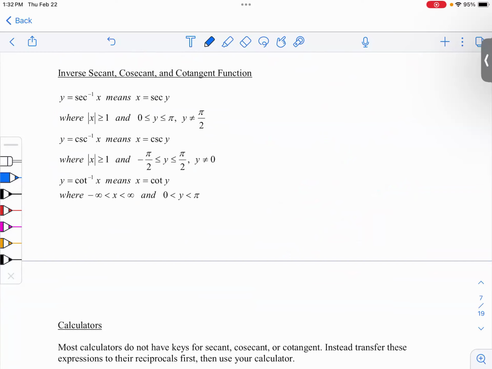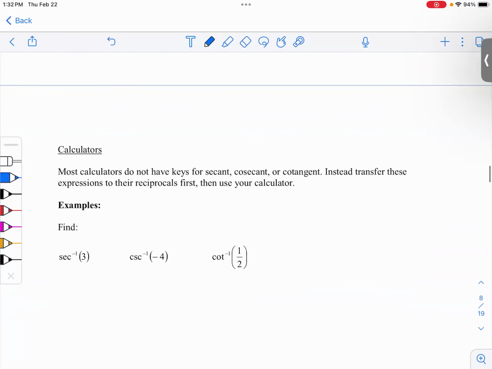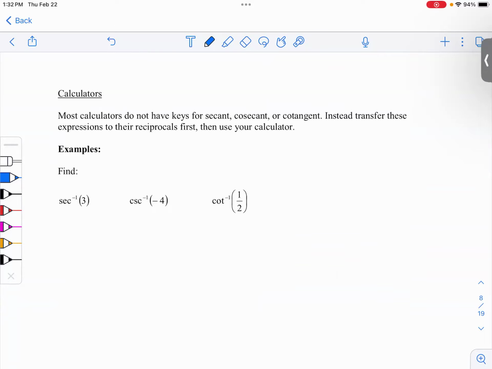Okay, and along those lines, we have a bunch of restrictions on all the following inverses of all the reciprocal functions, which is always a mess. Now, the big thing here is that most calculators don't even have a key for those. I see sine inverse, cosine inverse, tan inverse.